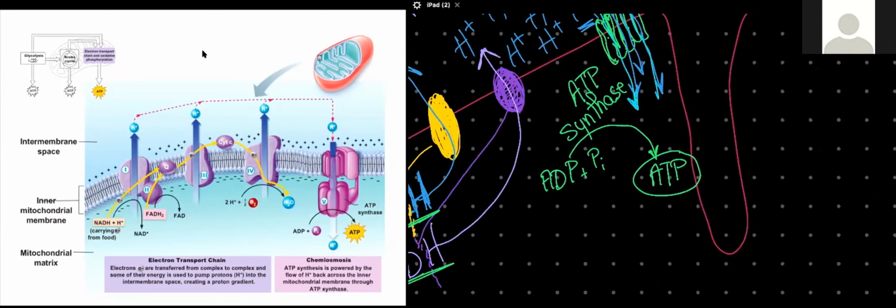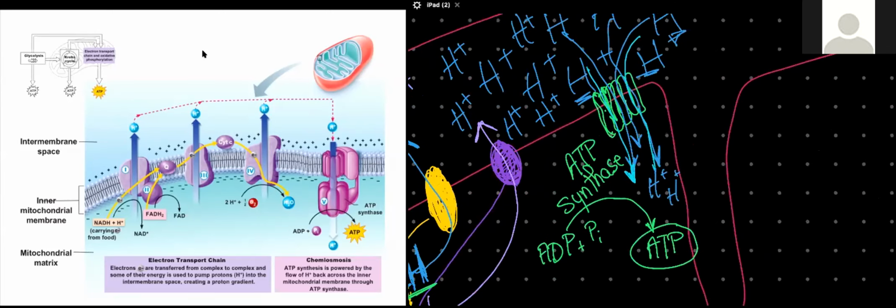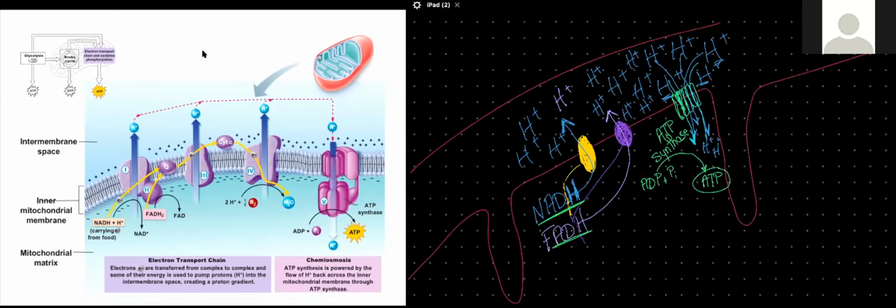So what if I kept allowing those protons to travel inside of the inner membrane of the mitochondria? They will reach equilibrium. They will be balanced across the membrane and no further hydrogen will be able to travel inside.